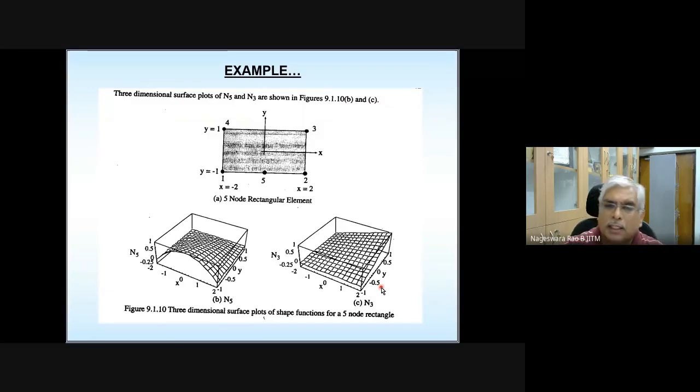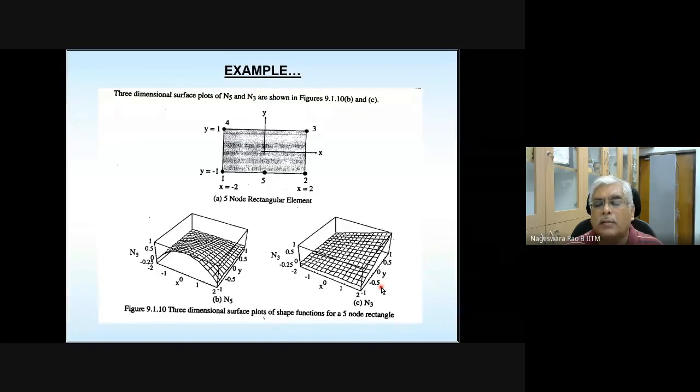Okay, any questions here? If there are no questions, then we are ready for isoparametric mapping for two-dimensional elements. Isoparametric mapping is similar to what we did for the one-dimensional element.